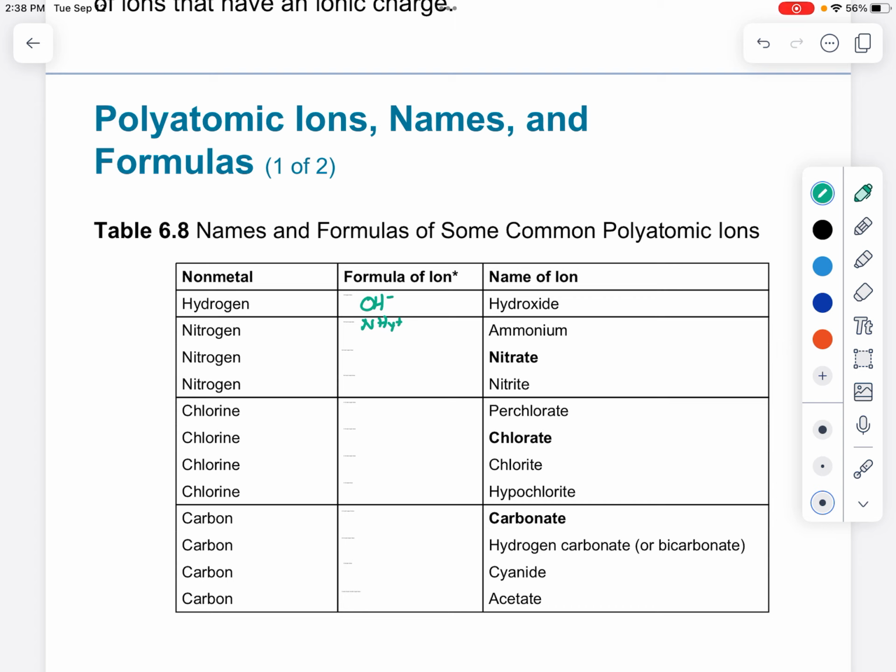They're listing the common nonmetal and then the common polyatomic ion. So the one with hydrogen is OH-, that is hydroxide. We just saw ammonium. Also important for the nitrogen containing polyatomics is NO3-, which is nitrate. And nitrite is NO2-.